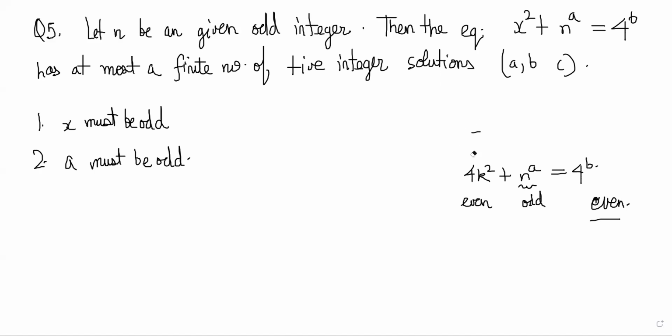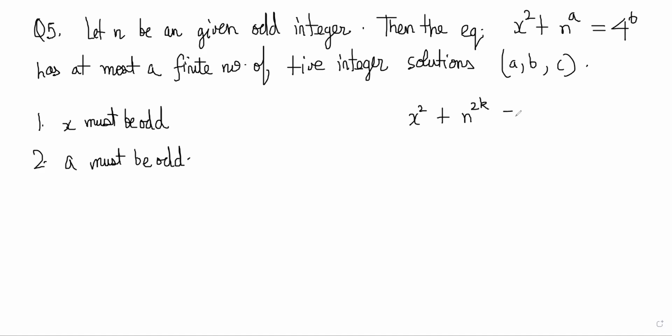Similarly, you can also figure out that a must be odd, right? Why should a be odd? Think about it. Let's say a is even. X square plus n power 2k is equal to 4 power b. We know that x is odd, so it is 2k plus 1 square, not 2k plus 1. Let's say it is 2l plus 1 square. 2l plus 1 square plus n power 2k is equal to 4 power b, right?